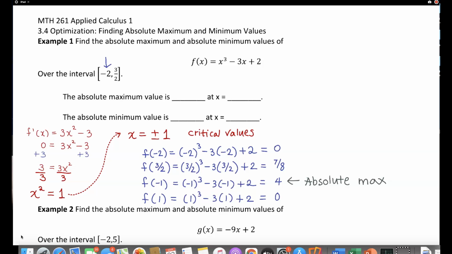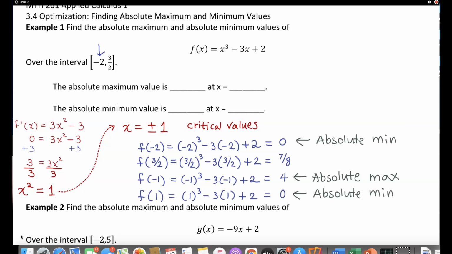So I'm going to say that this is the absolute minimum because it's the smallest number. But not only that, we have a copy of that, right? So I can say the same thing down here. This is also the absolute minimum. 7/8 is just nothing. It's not special. It's not the biggest. It's not the greatest. So that's what it is.